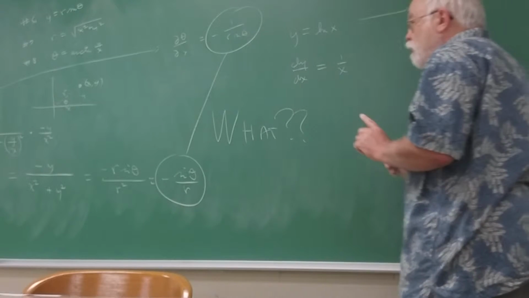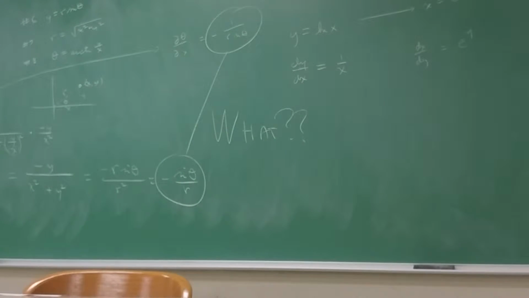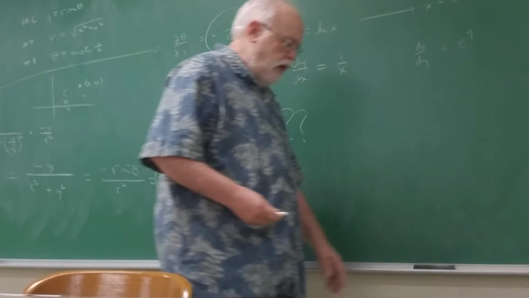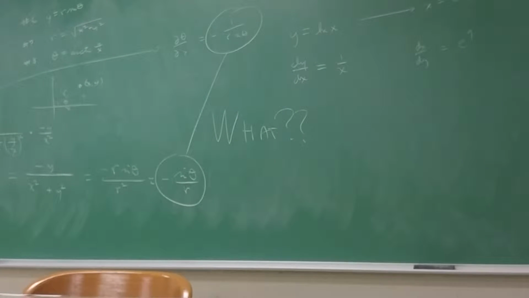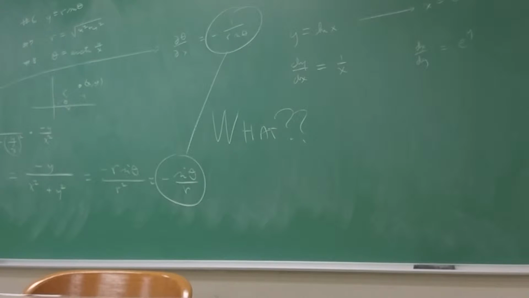Warning. Partial derivatives do not behave the same way that ordinary derivatives do, even though we use basically the same rules. And in particular, we write these things as fractions. And the reason is that in Calculus 1, they really are fractions.